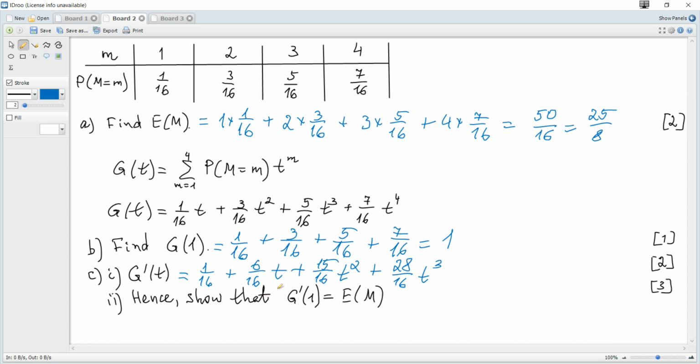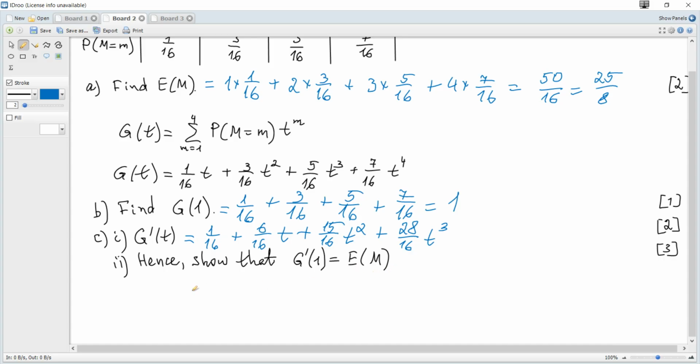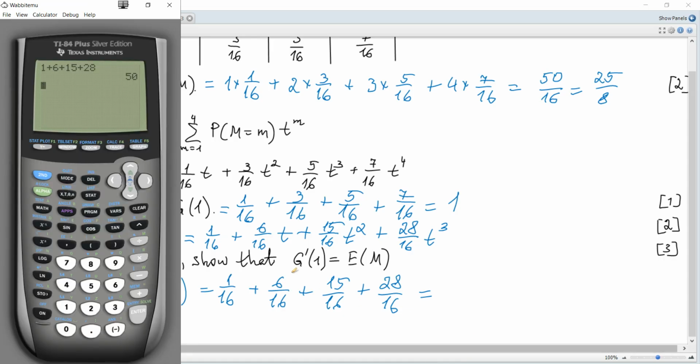Hence, show that the derivative of g at 1 is equal to the expected value of m. Substituting 1 for t into the derivative of g, we get that it is equal to 1 over 16 plus 6 over 16 plus 15 over 16 plus 28 over 16, and you can see that it's absolutely the same.